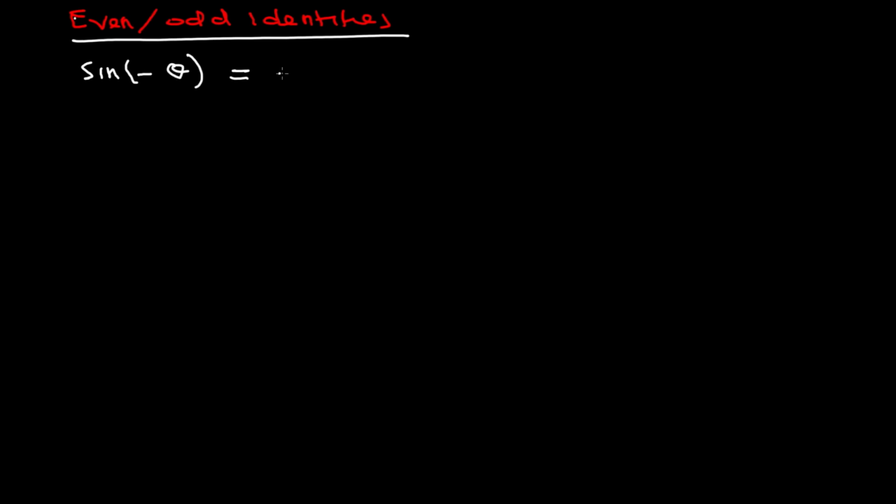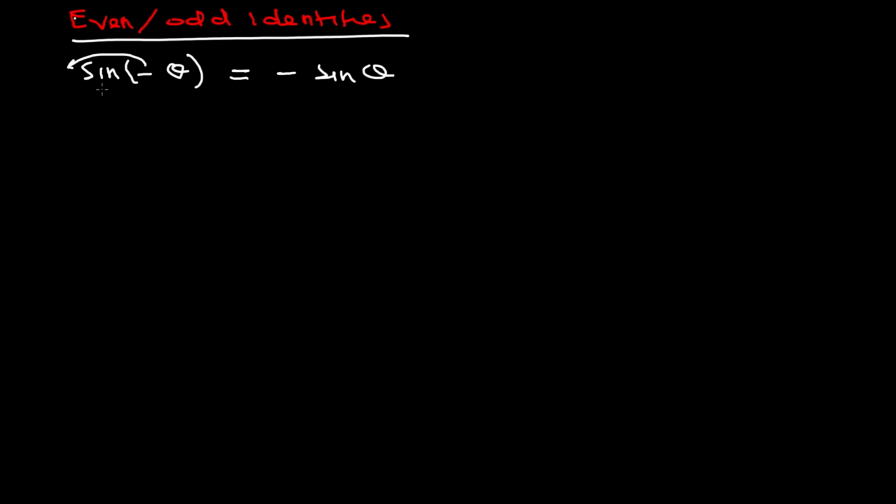So I should know that sine is an odd function, meaning it will change this side, so it will be negative sine theta. Look at the negative: it was here, and it has gone outside. So this is an odd function.